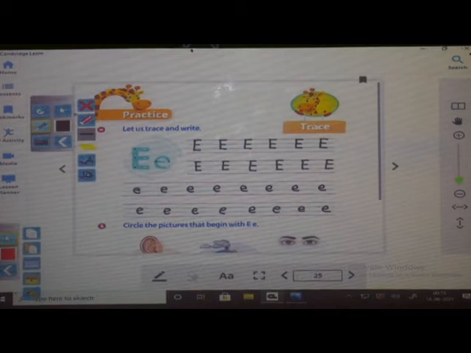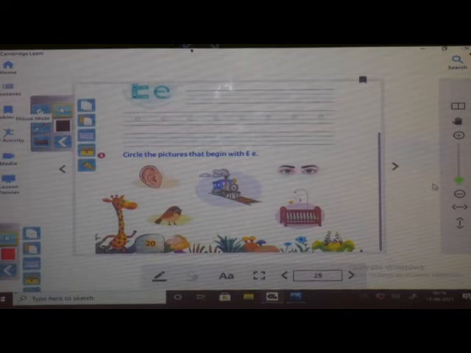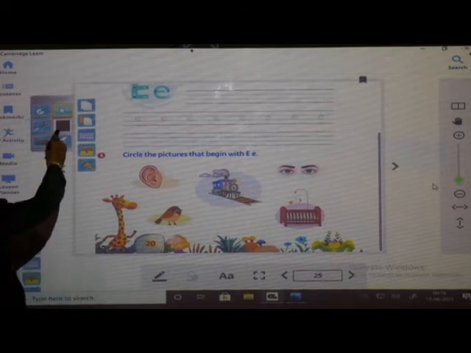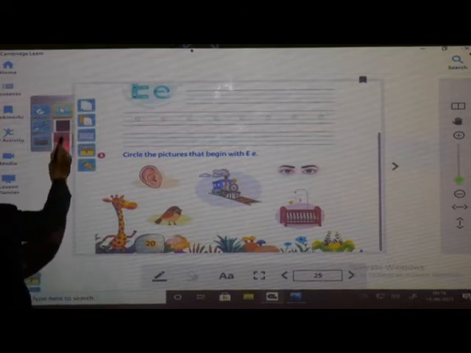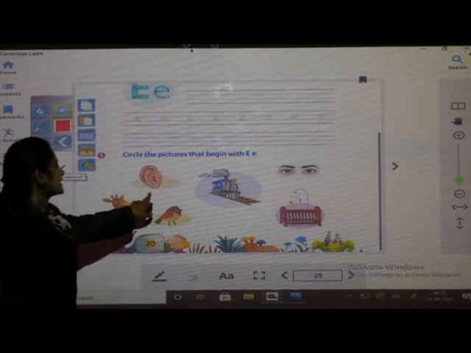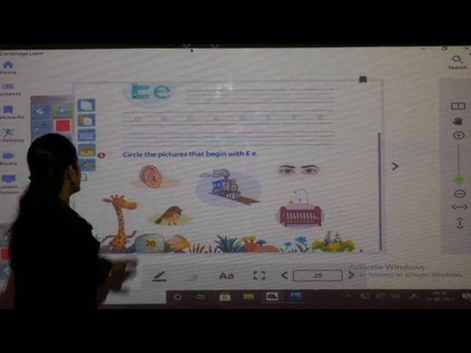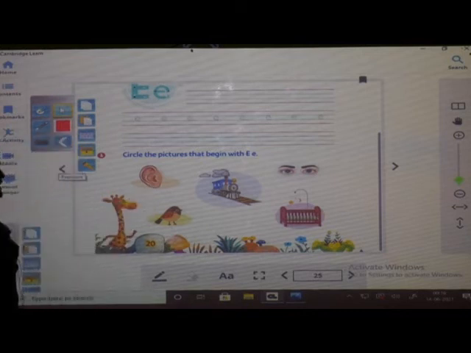Done? Yes. Now here you can see one activity, okay? Circle the pictures that begin with letter E, okay? So see here, which picture is this? Ear, yes. And with which letter does it start? What is the beginning letter?